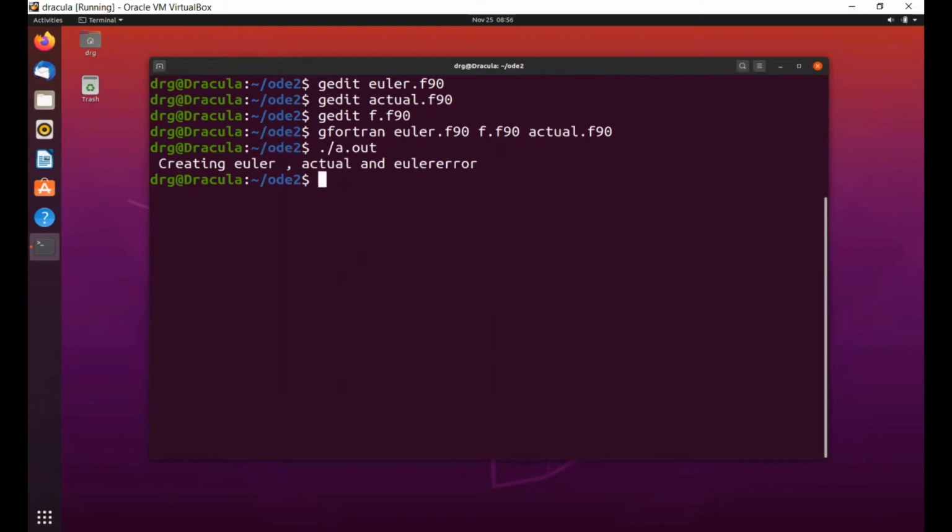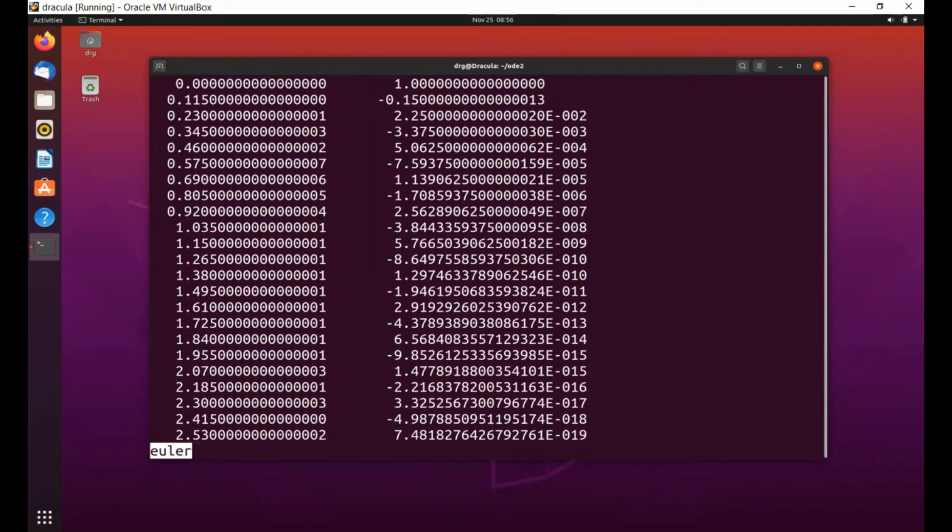I'm interested in the qualitative behavior. So I'm actually going to look at the numbers in the Euler file, and I just want a yes or no question. Are they getting small as t gets bigger? And the answer, obviously, is yes.